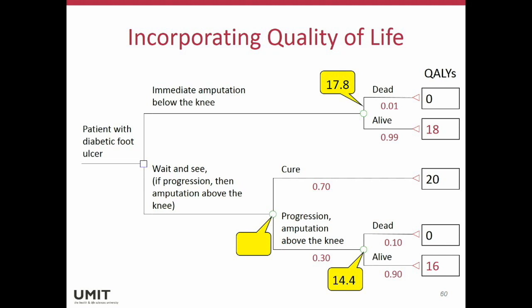Plus, I get more. I get 0.30 times 14.4, because those branches are gone after I did the averaging out and folding back. So this node replaces the two end nodes once I've done the averaging out and folding back. So I take this. This is my expected value of this branch without looking further. So the full formula is 0.7 times 20 plus 0.3 times 14.4. And the 14.4 I must have calculated before.